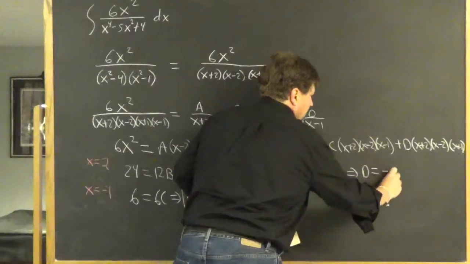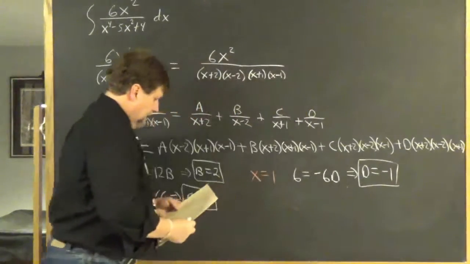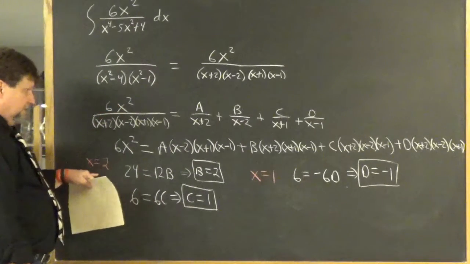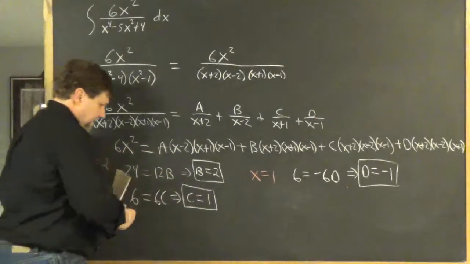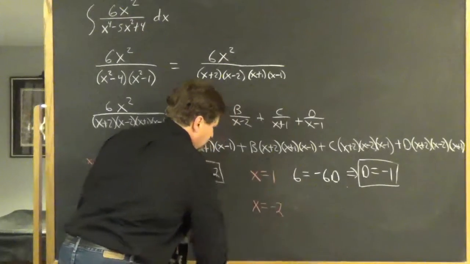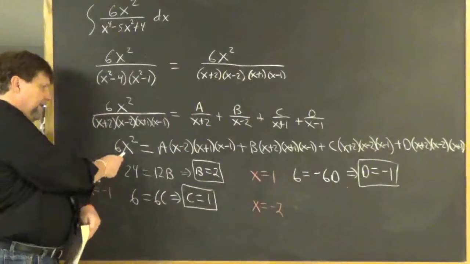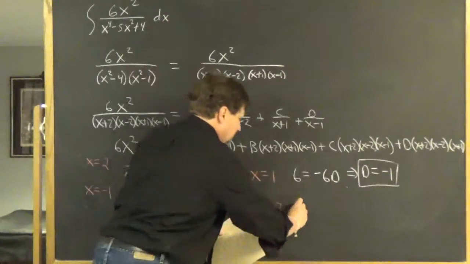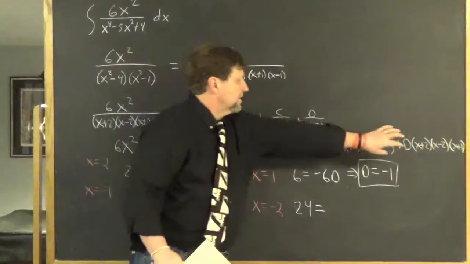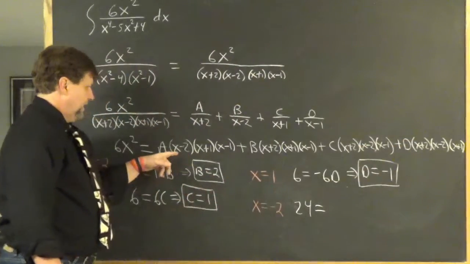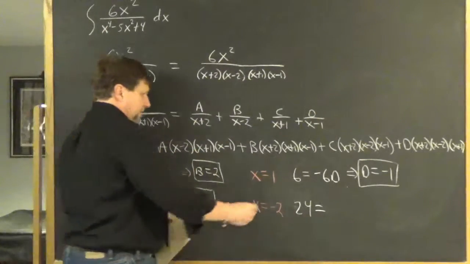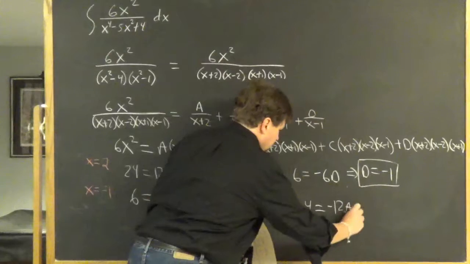And then finally, the last strategic value for x. I've done 2, negative 1, 1. Oh, negative 2. So x is negative 2. Over here I get 24, and the other terms are gone. Negative 2 comes in for x, and I get negative 12, so negative 12A.